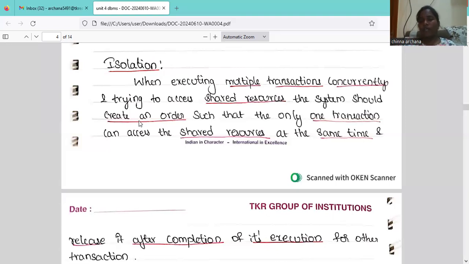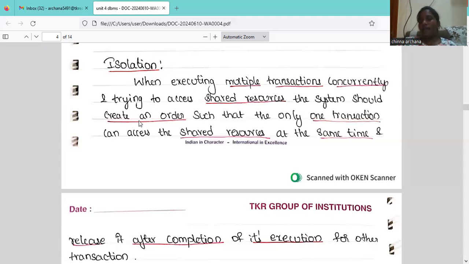Now if the X value is accessed at the same time by these three transactions, at the end, what will be the X value? For example, if the T2 task is performed first, it multiplies by two, so the account value becomes 2,000.